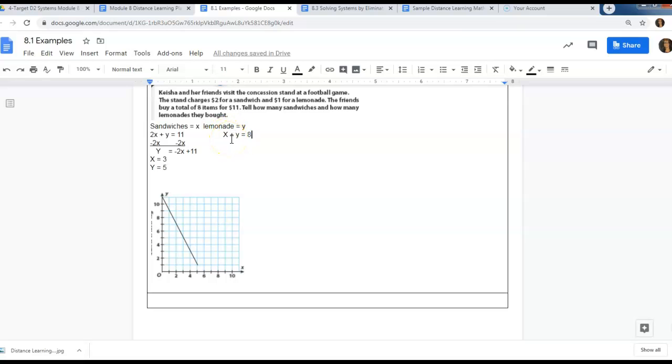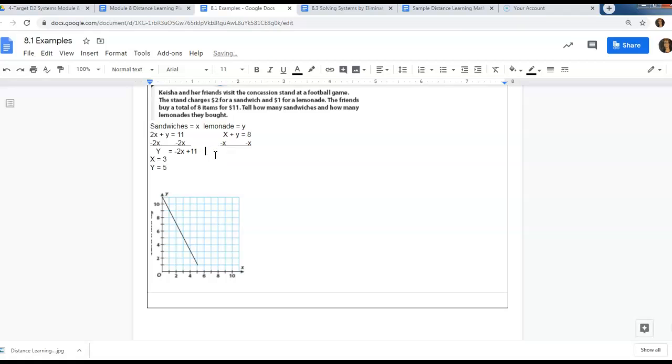So once again, I'm going to solve for y. I want to get the y alone. There's an x right there, so I subtract x from both sides. Minus x from both sides, and I am subtracting, so I'm going to leave it underlined.